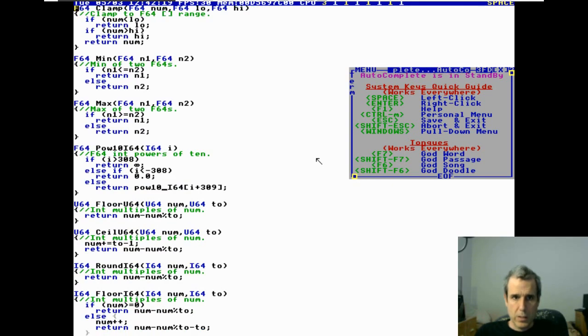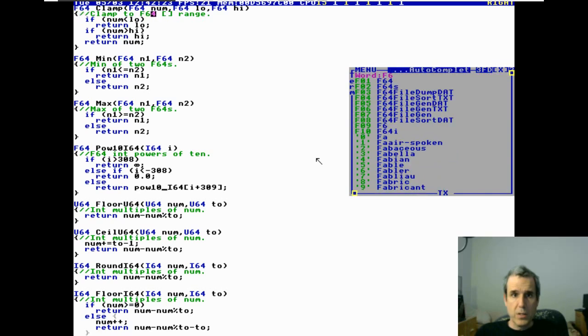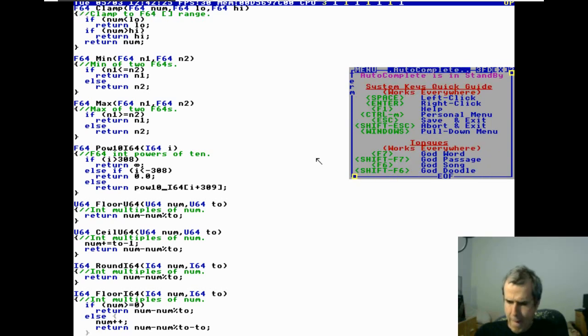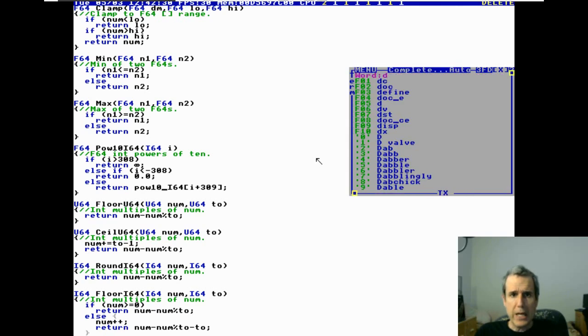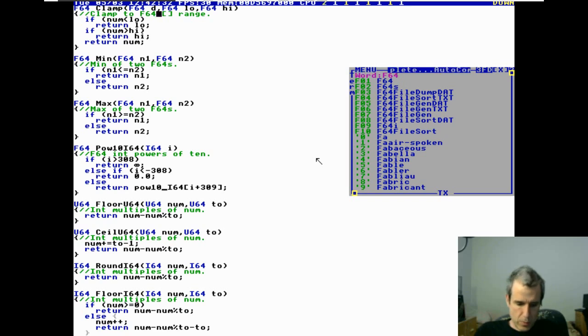That's not it. Clamp number. That's not what we use. We use D. Why? Fuck it.